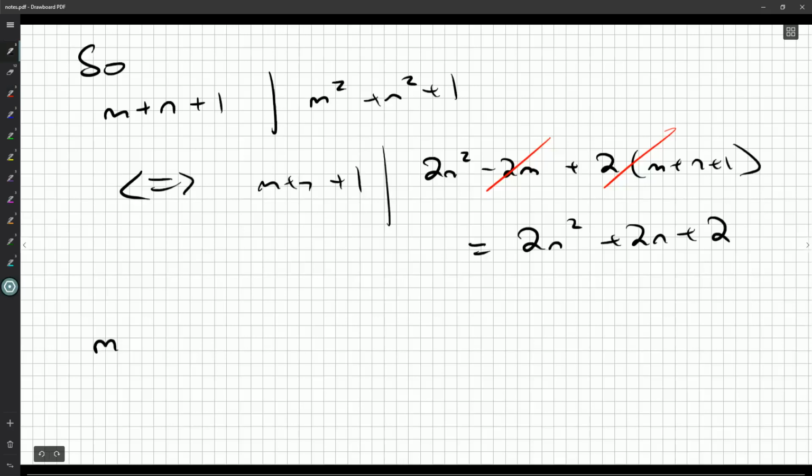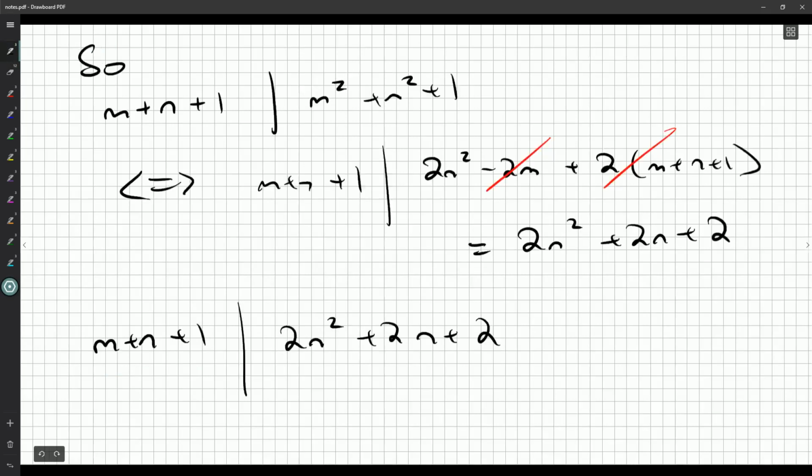And so now we have something just in terms of n. Now, it's not just in terms of m over here, but we can work with this. We could say something like, for a given n, 2n squared plus 2n plus 2, it was plus 2n, right? Yeah.